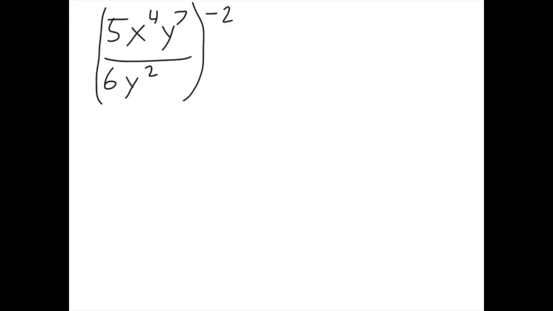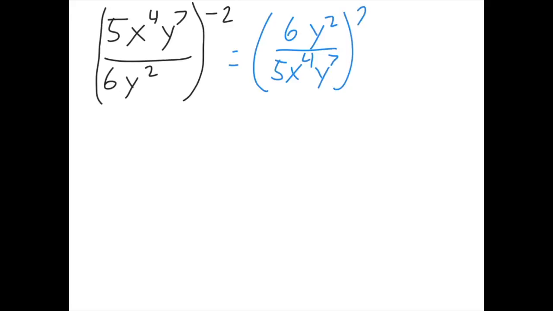So that will give you 6y squared over 5x to the 4th y to the 7th, squared. That's the easiest thing to do first. Just take the negative and flip everything with it.